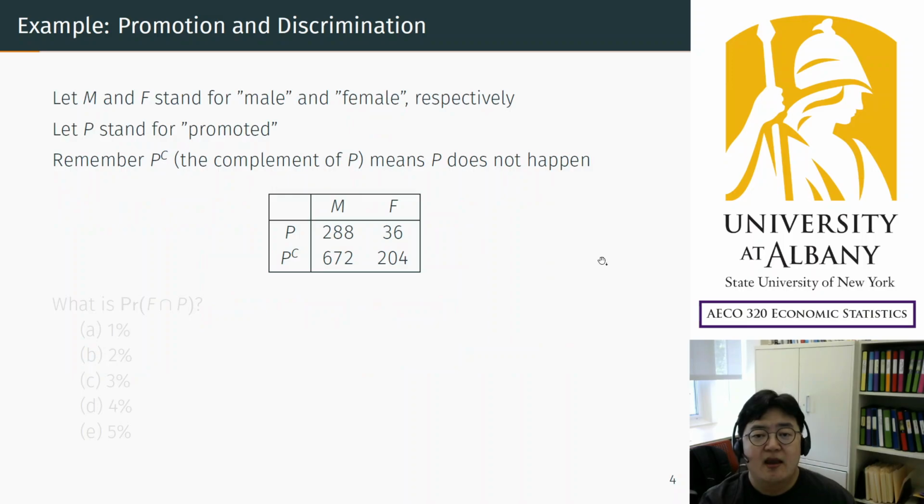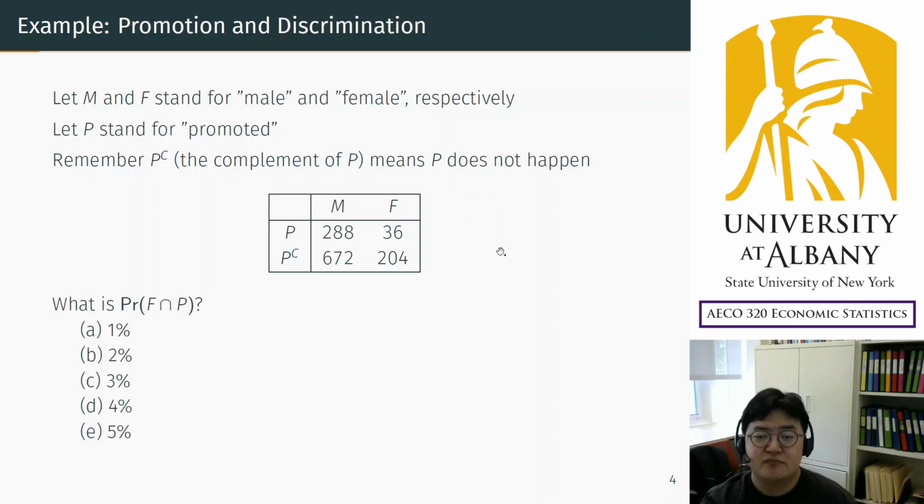Okay. So now let's define some notation. M stands for male, F stands for female, right? And P stands for being promoted. So promotion is given. And then we can denote those who are not promoted as P complement, P superscript C. That means they are denied promotion.